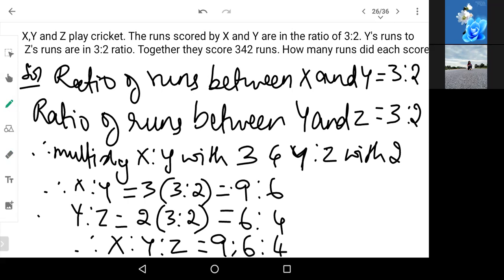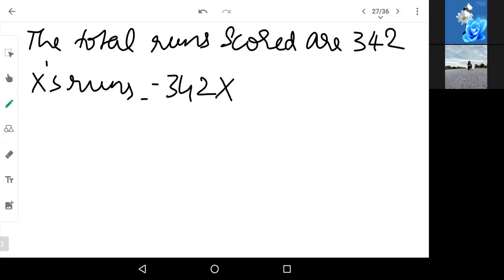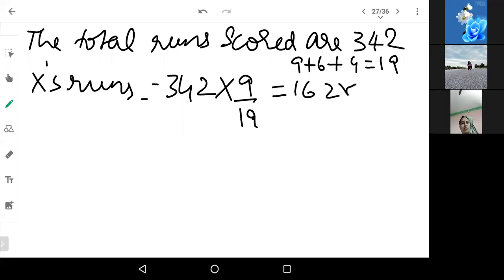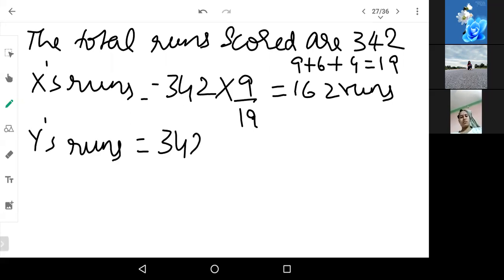So you have to add all the ratio. So sum of ratio will be 9 plus 6 plus 4 is 19. So 9 by 19 will give you 162 runs, and Y's runs is equal to 342 into 6 by 19.